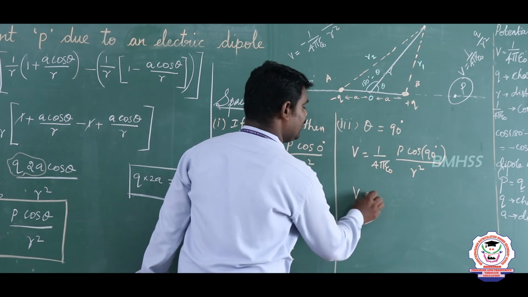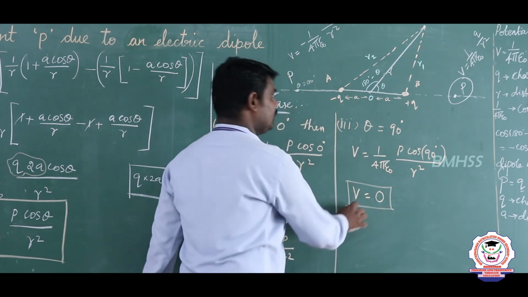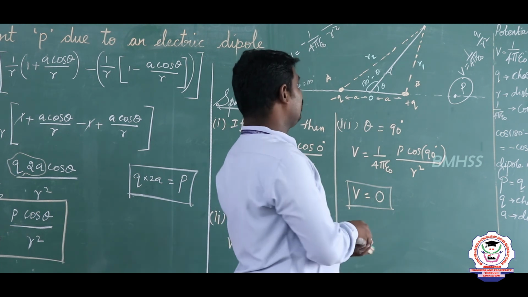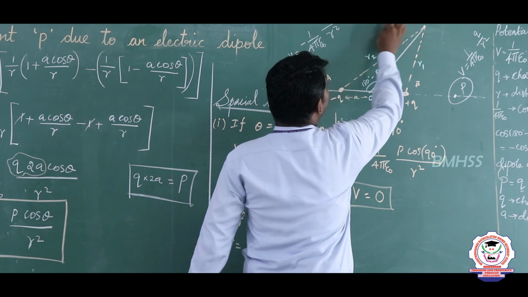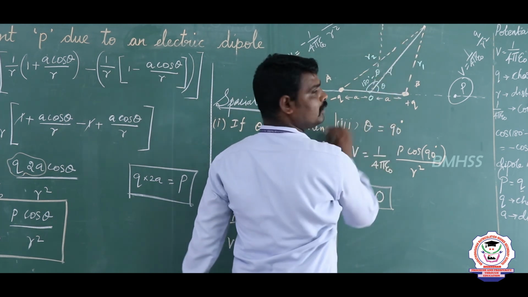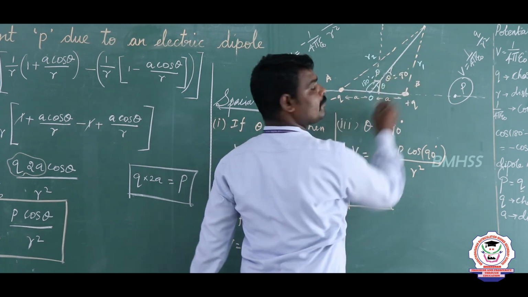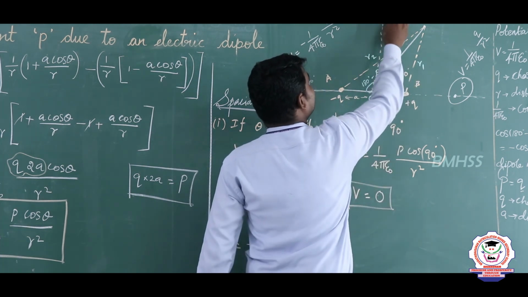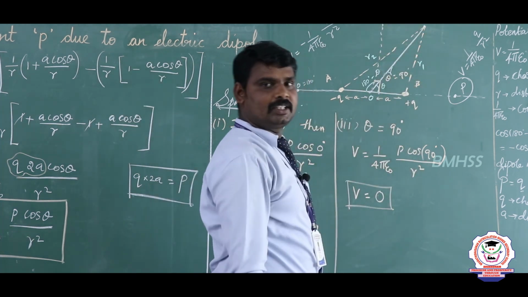So V is equal to 0. So if the point P lies on the equatorial line, which means theta is equal to 90 degree, at this point V is equal to 0. So there is no potential.